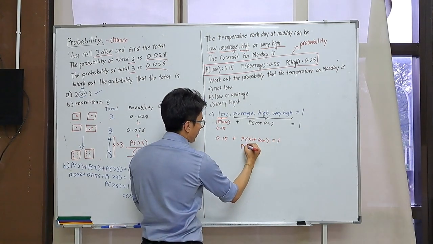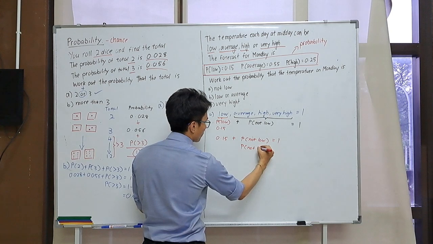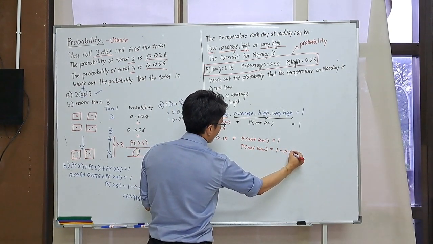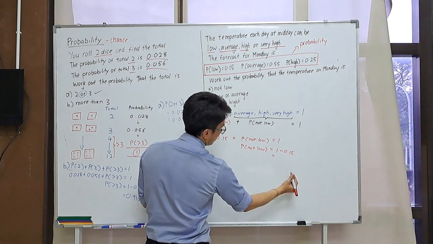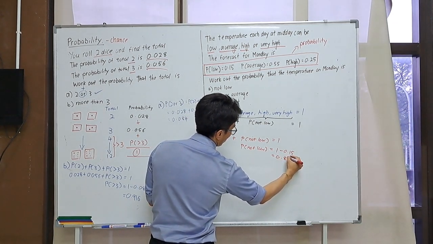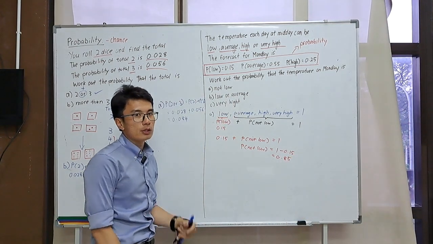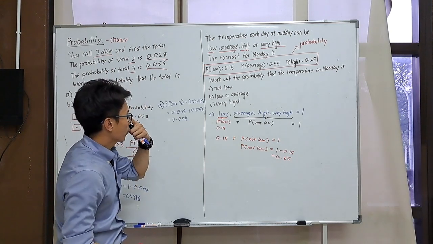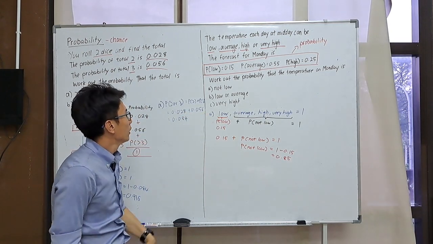I can solve this like any algebra equation. So that's 1 minus 0.15, and that will be 0.85. So we have done part A.